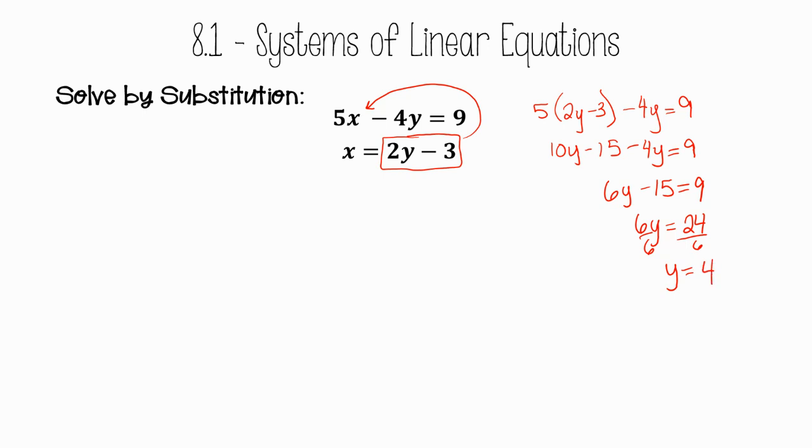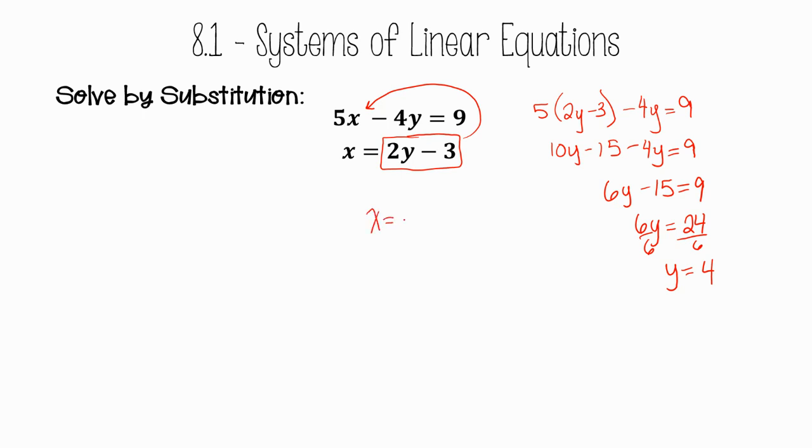y is 4. Now, we are not done with the problem. Because I got a value for y, that means this is not a no solution or infinitely many; we have a solution, so I want to find also the x value. Now it's your choice. You can plug it into either equation, it doesn't matter. Plugging it into the second one is probably going to be my best bet.